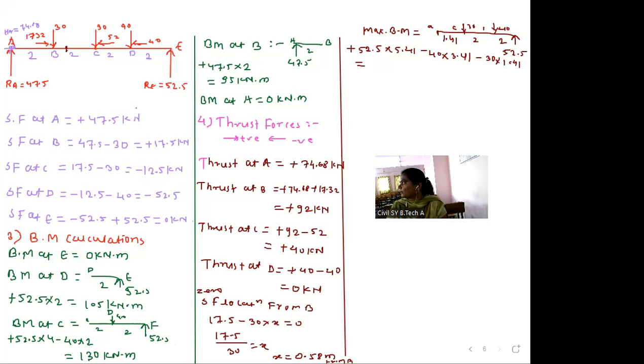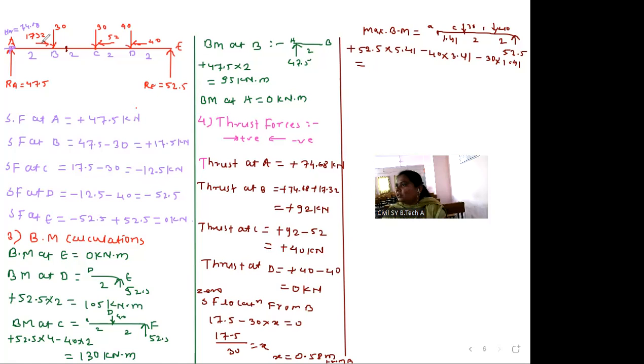Okay, so in this particular type of problem, horizontal forces are also acting. That's why we are unable to calculate the exact maximum value. So we will only calculate the location of zero shear force, but we will not get a particular maximum value because of the horizontal forces.